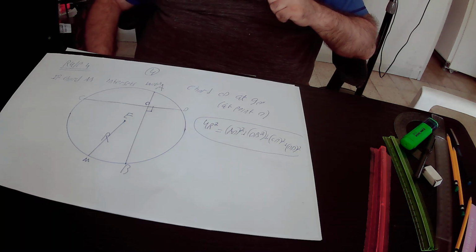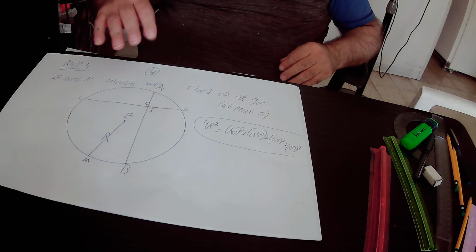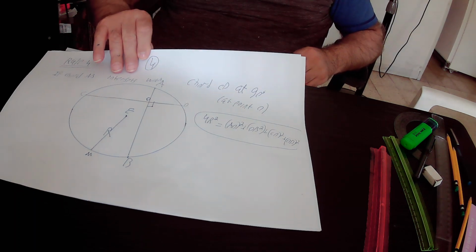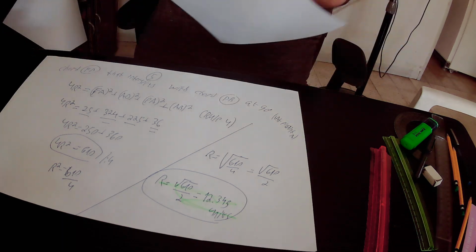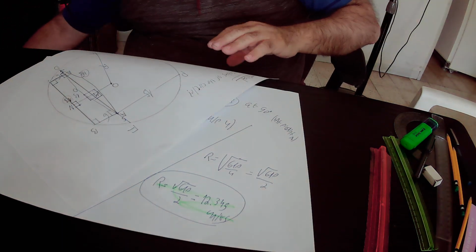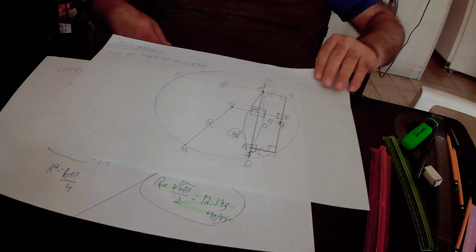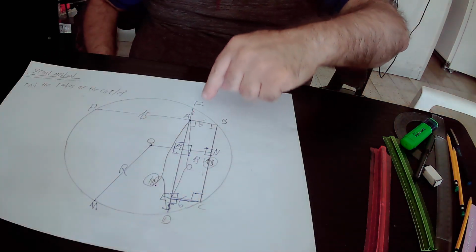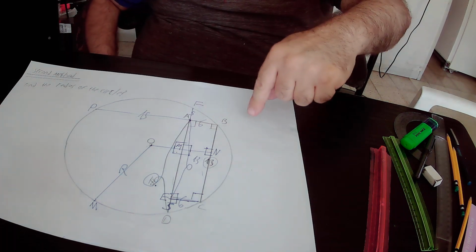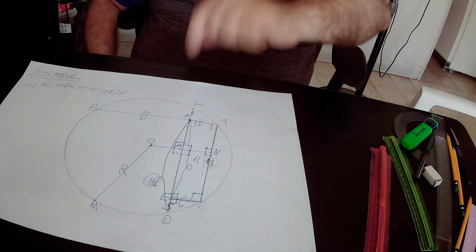Okay? So we actually can implement rule number 4 in our drawing. Why? Because in our drawing we have chord FD that intersects with chord PB at 90 degrees.